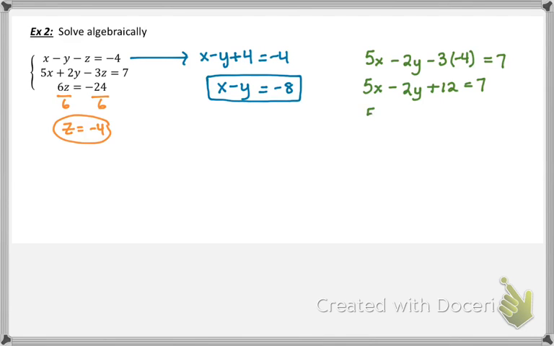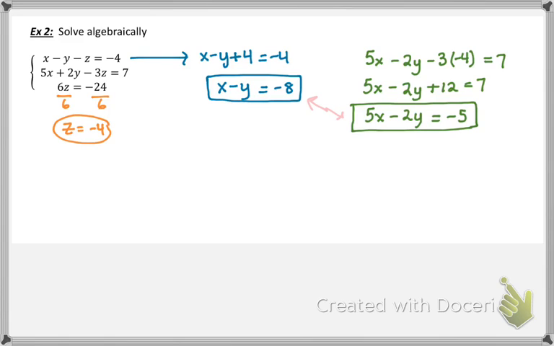And let's move the 12 over so that the constants are all on one side. 5x minus 2y equals negative 5 when I subtract 12. And again, I have an equation with two unknowns, so by itself, I can't solve that. But if I combine these two, I have a system of equations that I can solve, right?